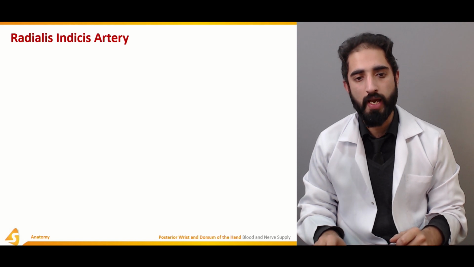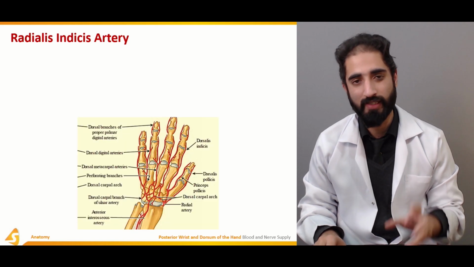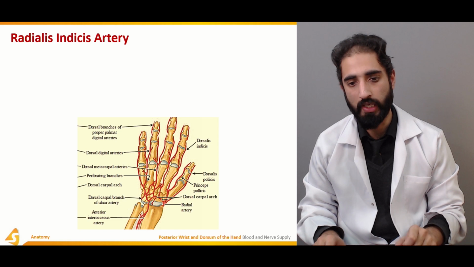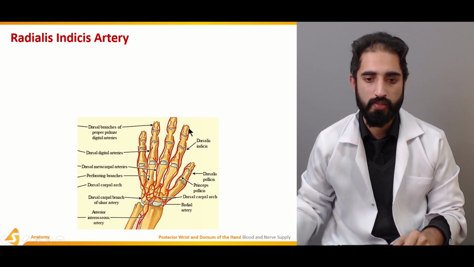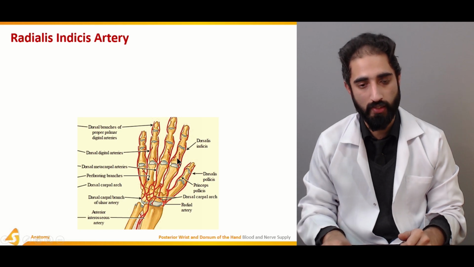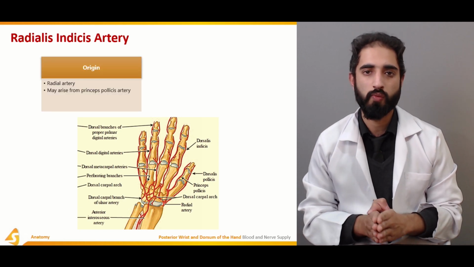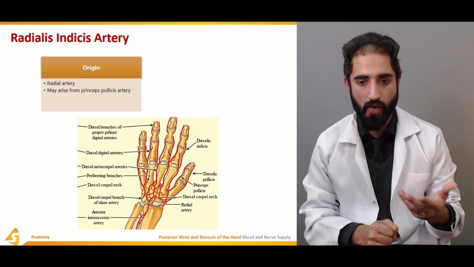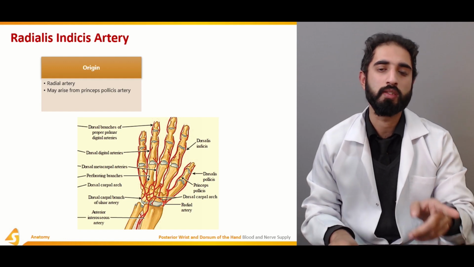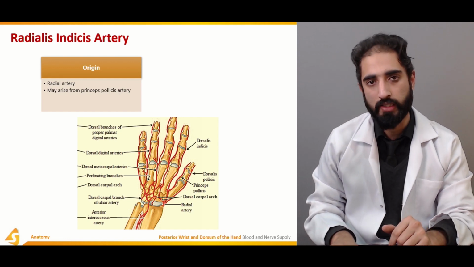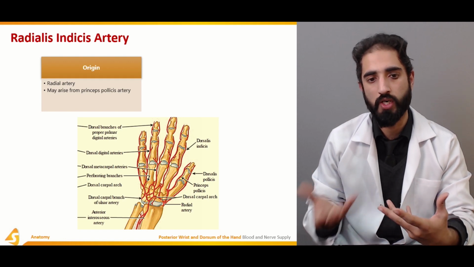Moreover, we have the radialis indicis artery, and as the name suggests, it is associated with the index finger. As you can see here, we have the dorsalis indicis, and similarly here we have the radialis indicis artery as well. The origin is via the radial artery, and it may arise from the princeps pollicis artery, which actually supplies the thumb as well and originates from the radial artery.